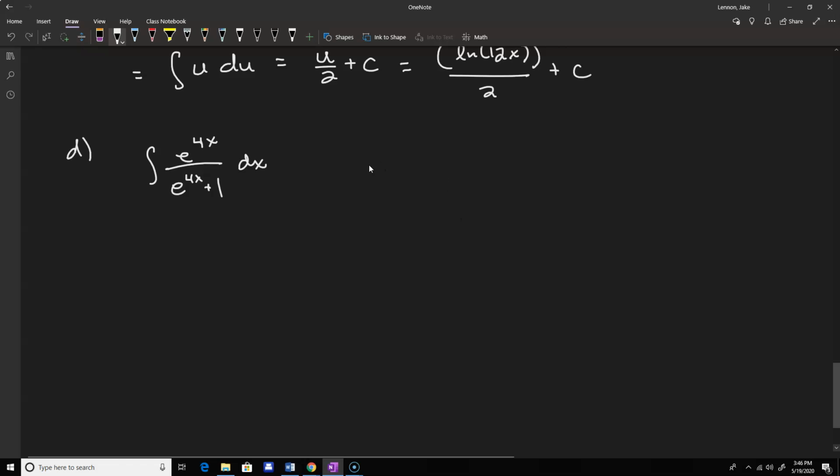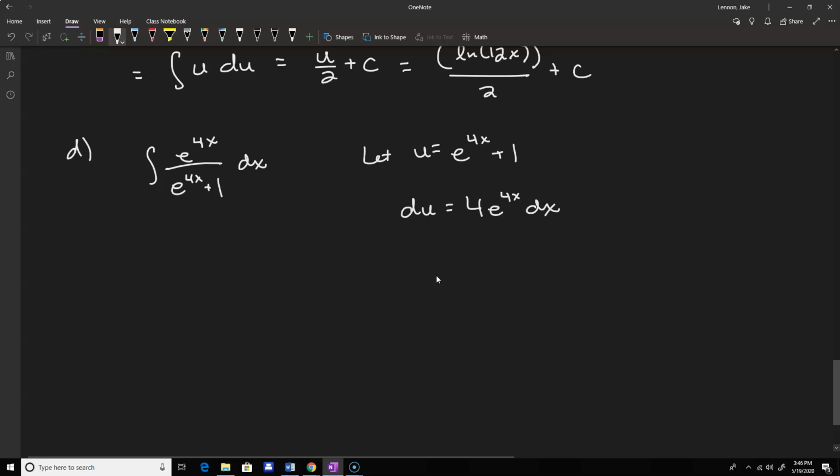So what we'd like to do is maybe say let u equal e to the 4x plus 1, and then what will du be? Du will be equal to, well, the derivative of e to the 4x is just 4e to the 4x, and the derivative of 1 is 0, so we get 4e to the 4x dx.